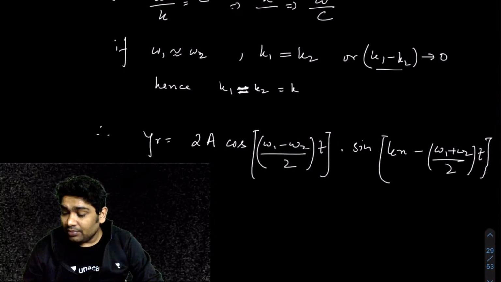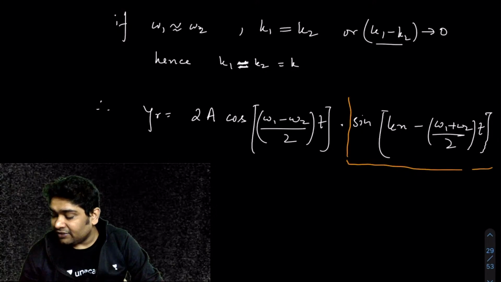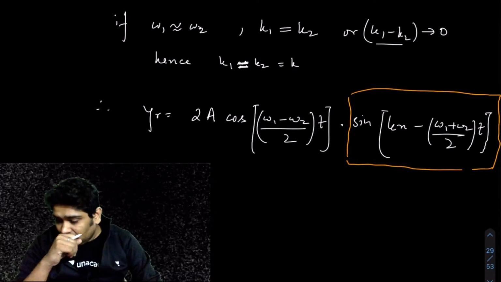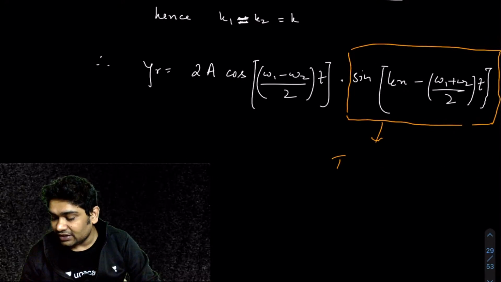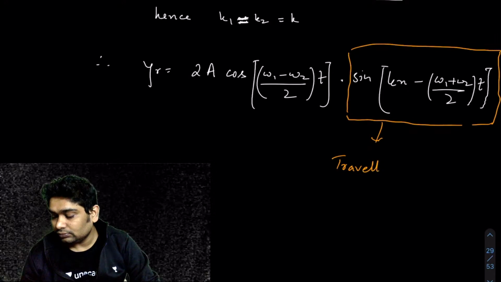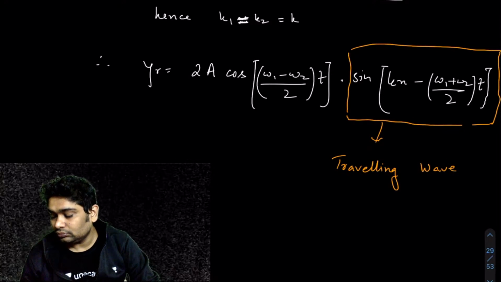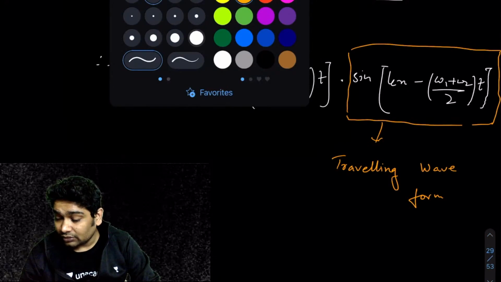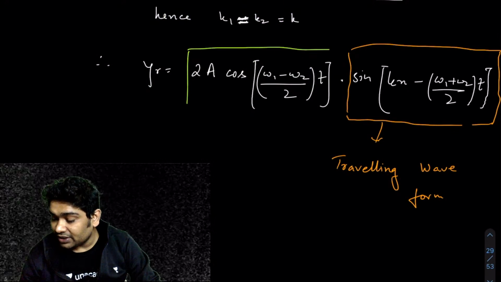Now, this is the term that represents the wave equation, the traveling wave form I can see here. And how about this term? This term is representing the amplitude.